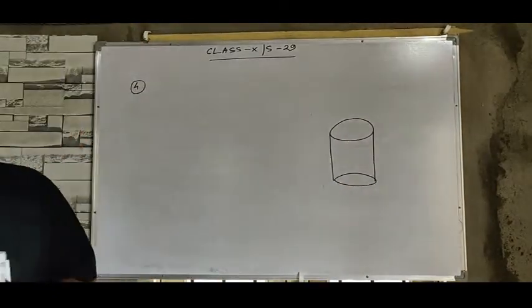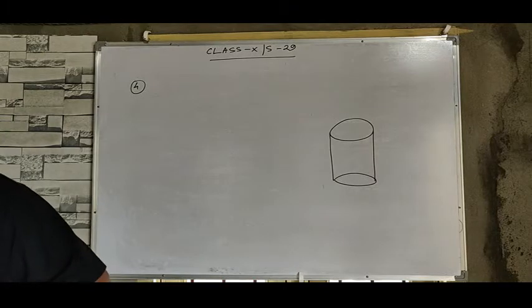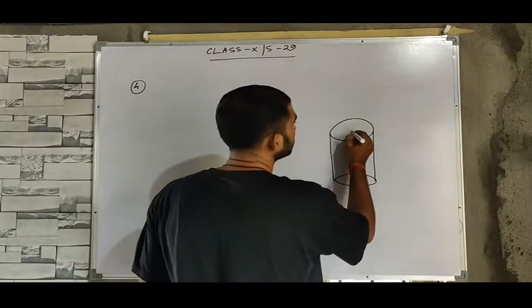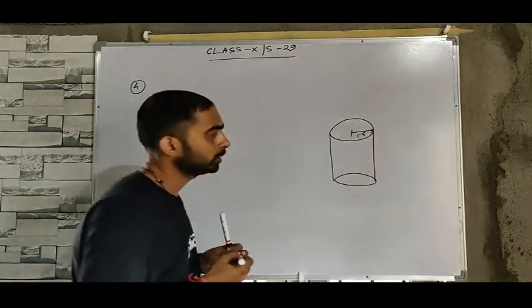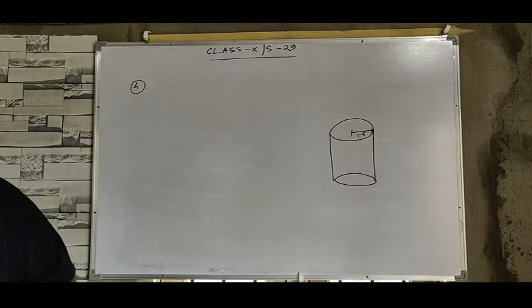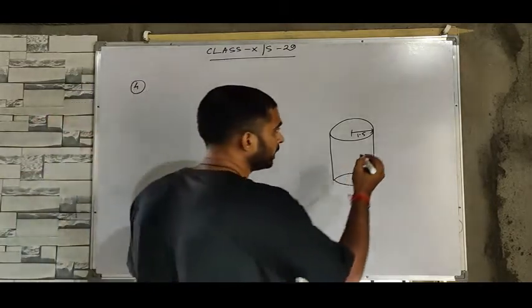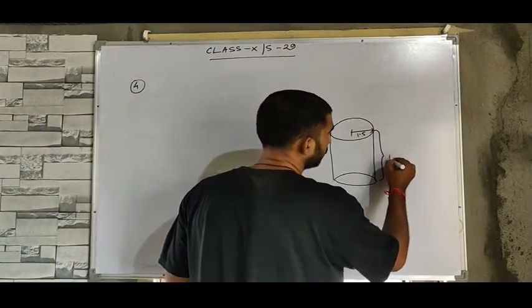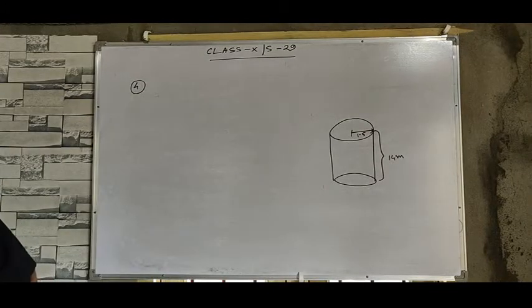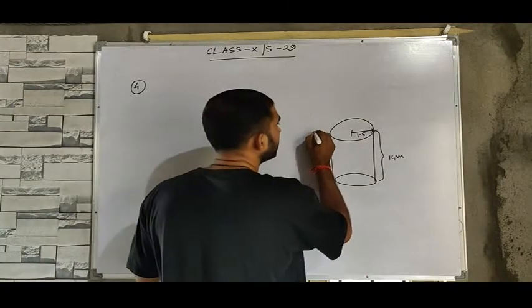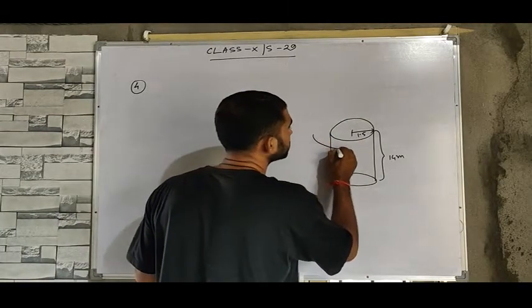Now here the radius of the well is given 3 by 2, or 1.5 suppose, and the depth is given, height is given, 40 meter. Now the earth that comes out is spread evenly all around with width 4 meter.